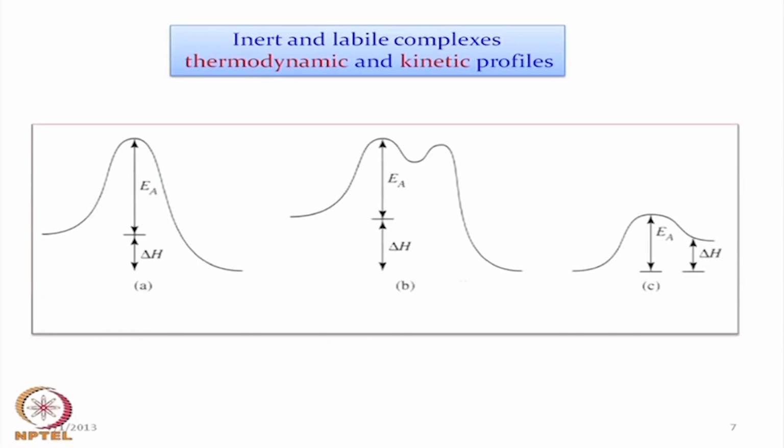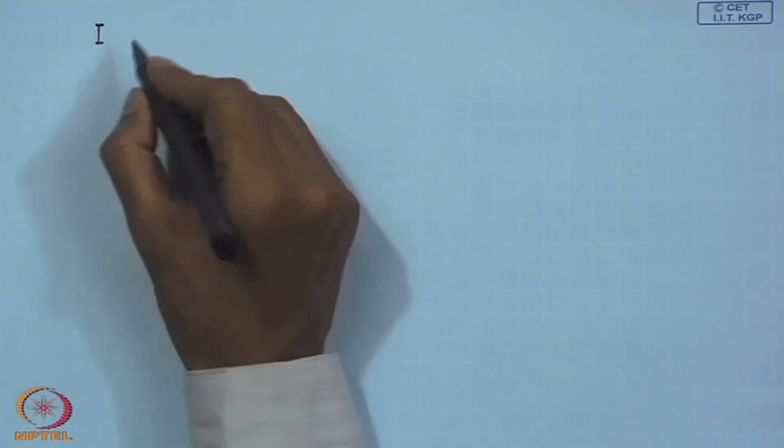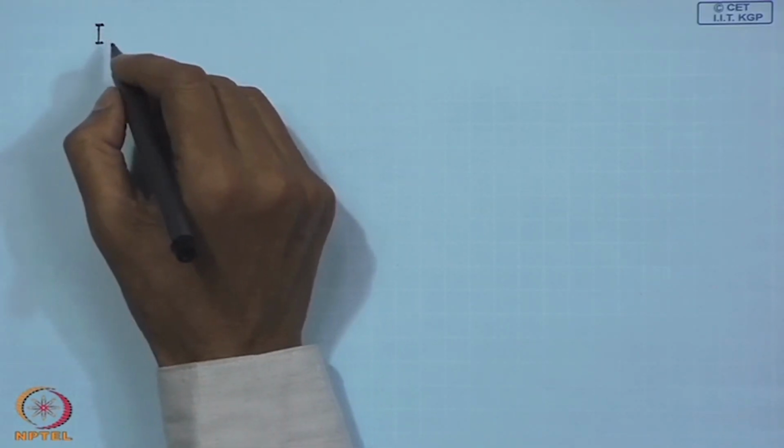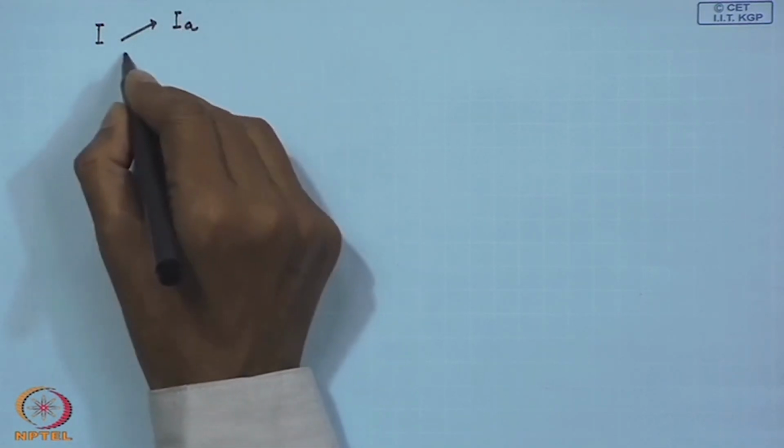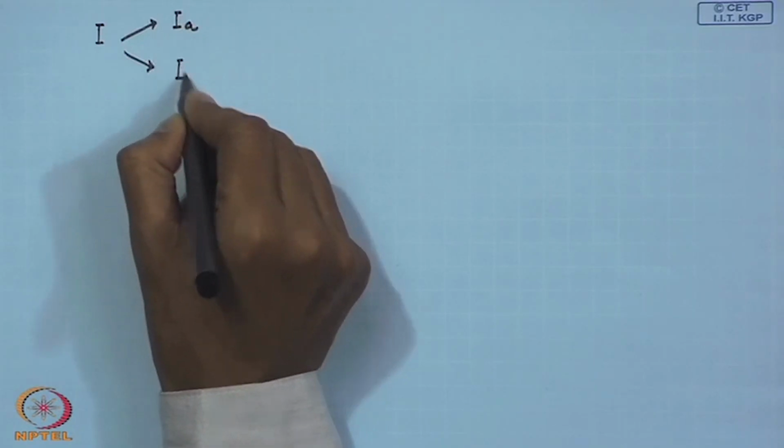So, due to these two, that means the D and A, we can also have this intimate reaction where the interchange is taking place, where we have IA as well as ID.